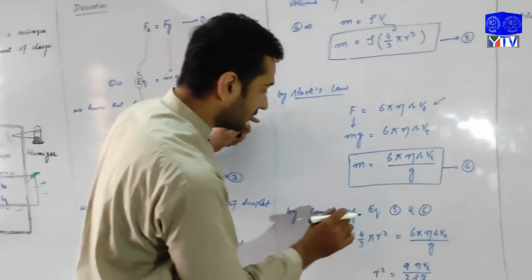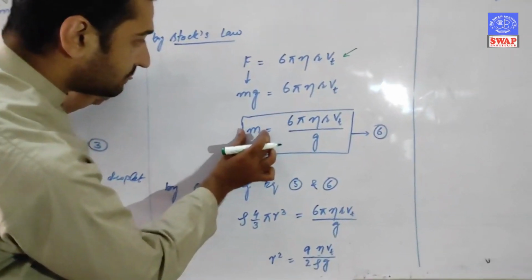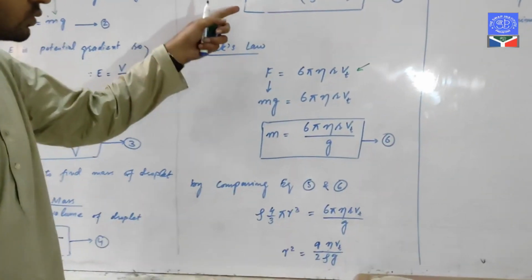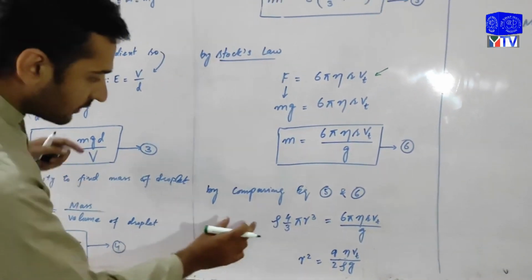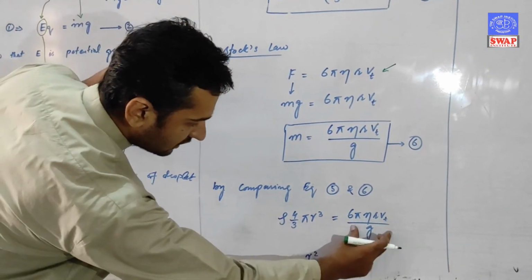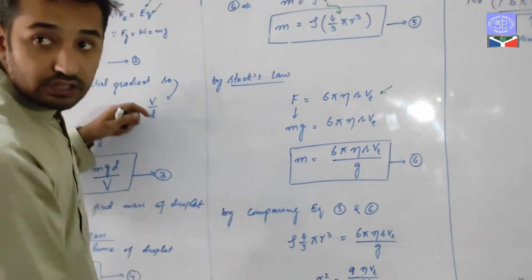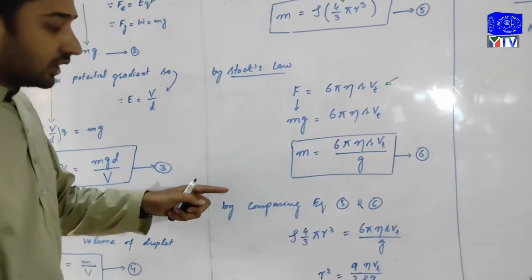By comparing these two equations 5 and 6, we will get this equation, and we will find r squared after calculation.